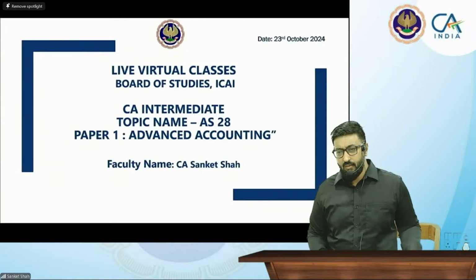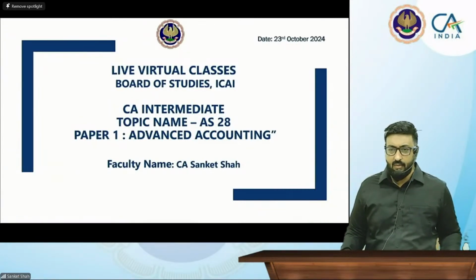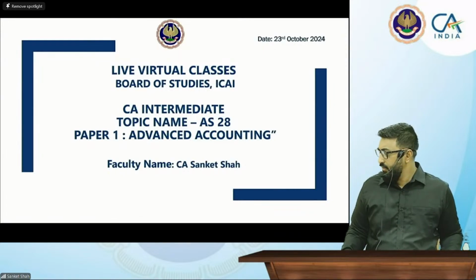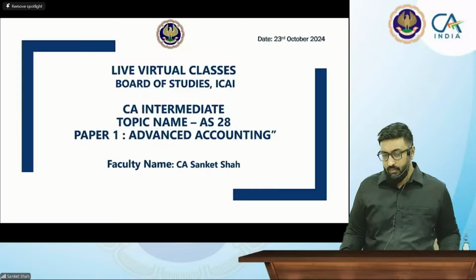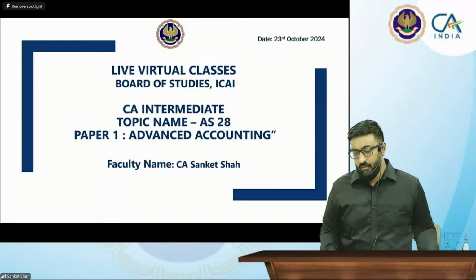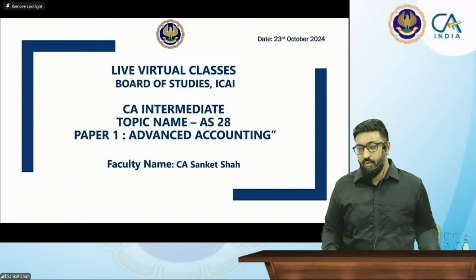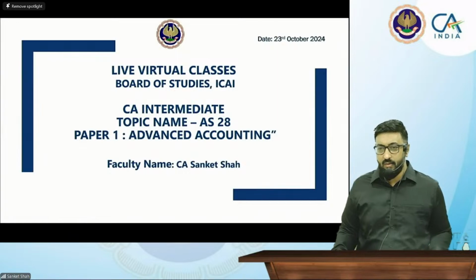AS4, Contingencies and Events occurring after the balance sheet date. AS5, Net Profit or Loss for the period, prior period items and changes in accounting policies. AS7, Construction Contracts. AS9, Revenue Recognition. AS10, Property, Plant and Equipment. AS11, Effects of changes in foreign exchange rates.